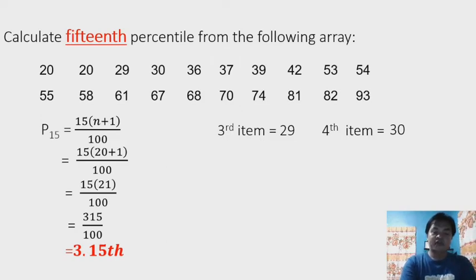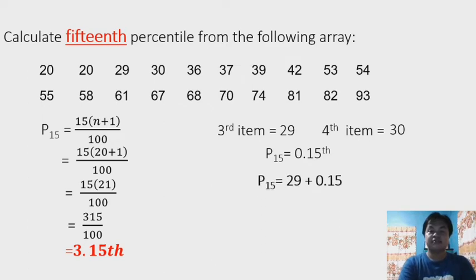And that of the fourth item is 30. Thus, the 15th percentile is 0.15 of the way between 29 and 30, which will be calculated as P15 equal 29 plus 0.15.